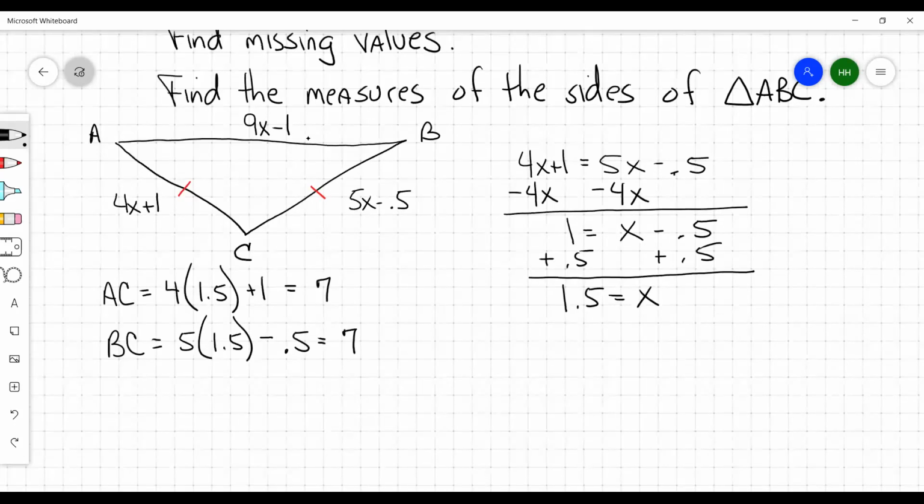And side AB. 9 times 1.5 minus 1. That's 12.5. So there's your 3 side lengths of that isosceles triangle.